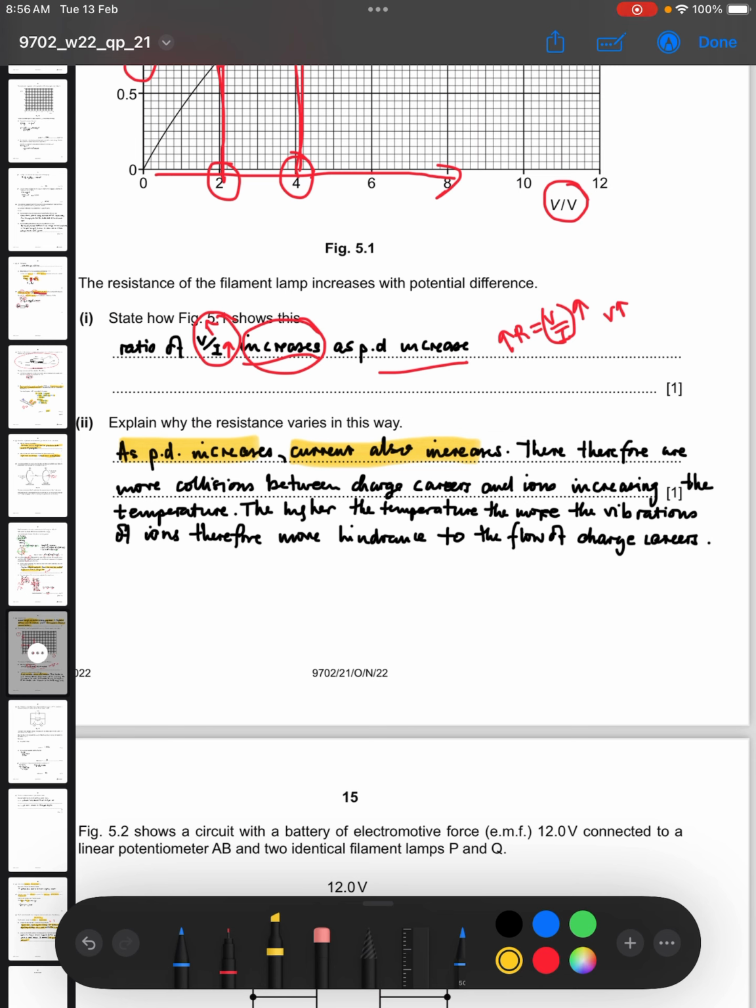When the positive ions vibrate more, because they've got a higher temperature, they've got higher energy, they are going to block the movement of charge carriers. And when they block the movement of charge carriers, because they now have more energy and more temperature, it means that there is now more resistance.